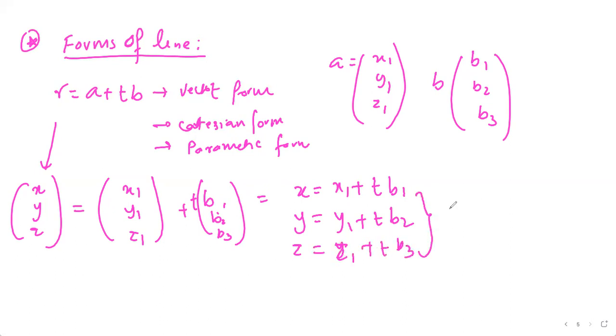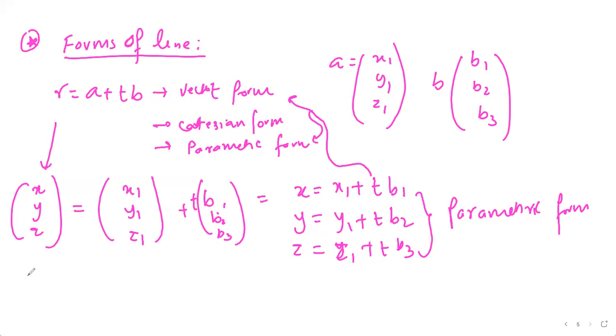This equation is referred to as the parametric form of the line. So you have converted a vector form into a parametric form by just doing a simple operation.